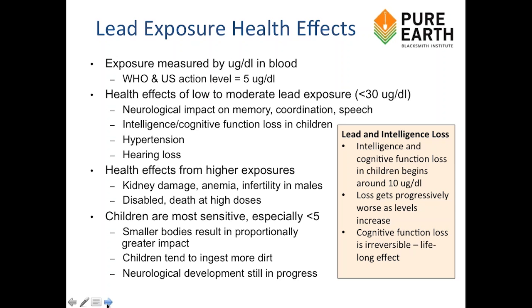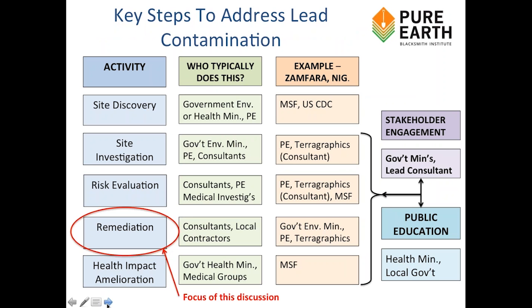This discussion is going to focus on remediation. As I said earlier, there are many activities you need to do to address a contaminated site. You need to find it, investigate it and do a risk evaluation, then you do a remediation, and we can't leave out the health impact amelioration.